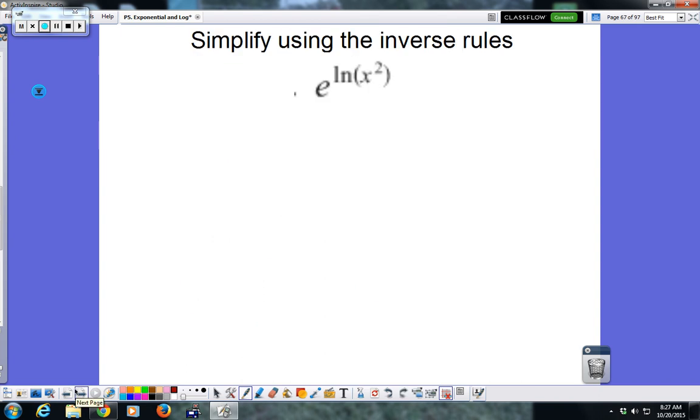Here's an example. e raised to log base e of x squared. Notice the base of this exponential and the logarithmic base is the same value. They're both e. So that'll always clean up into the argument, x squared. Done.